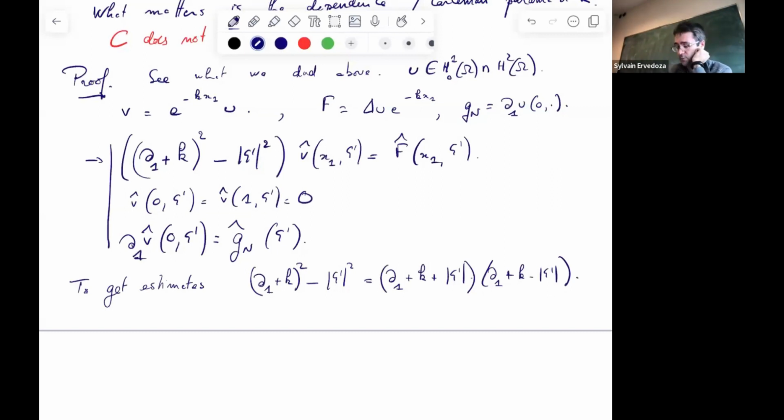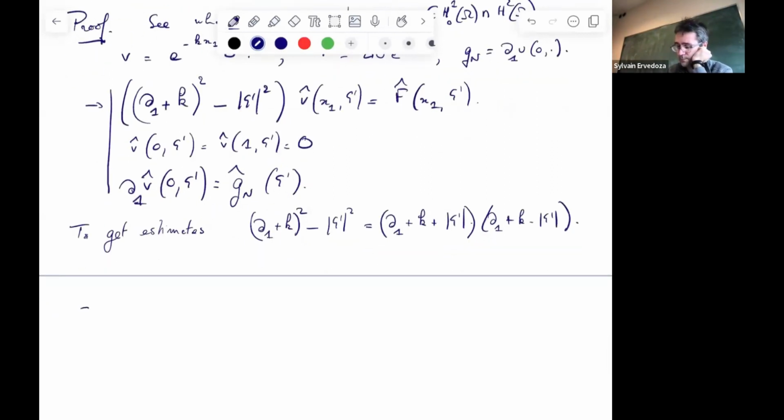And so you can introduce a function w, that I will call w hat of x1 and psi prime, which is simply d1 plus k minus psi prime of v hat of x1 psi prime.